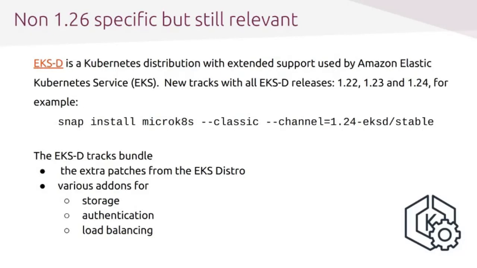The EKS tracks are basically the EKS-D patches on top of upstream Kubernetes, and we also package together an extra add-ons repository in order to interface with AWS storage, EFS and EBS, to use authentication, and also to make use of the AWS load balancer.